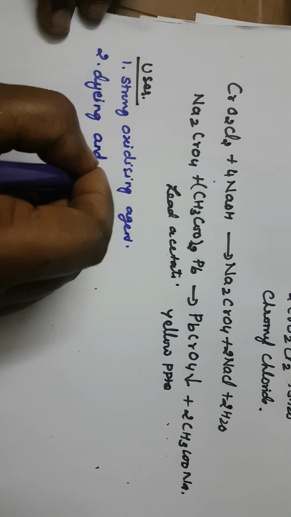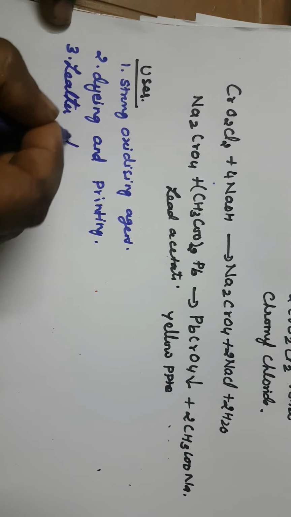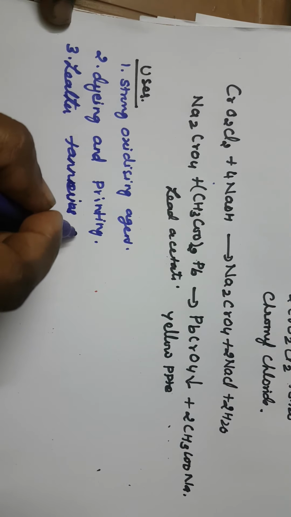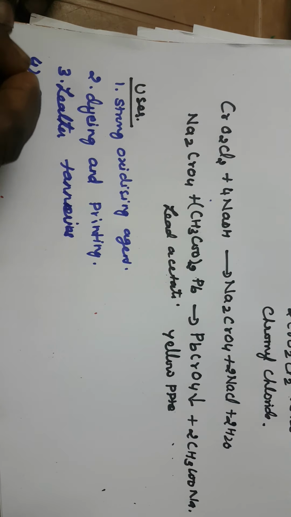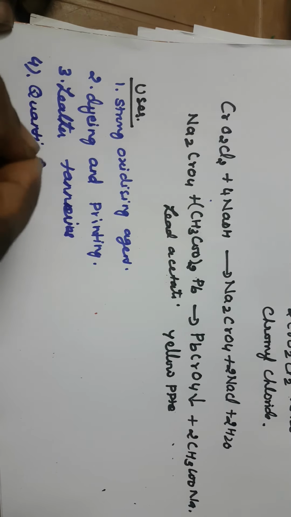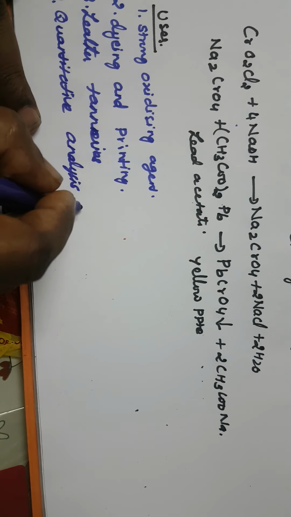Another one is leather tanneries, for chrome tanning, that is, leather processing. Fourth one is quantitative analysis, used in the estimation of iron compounds and iodides.